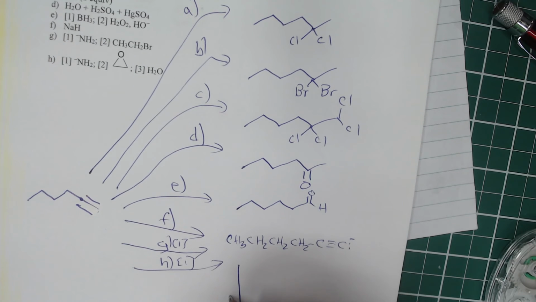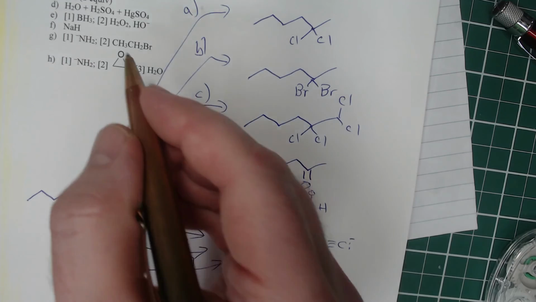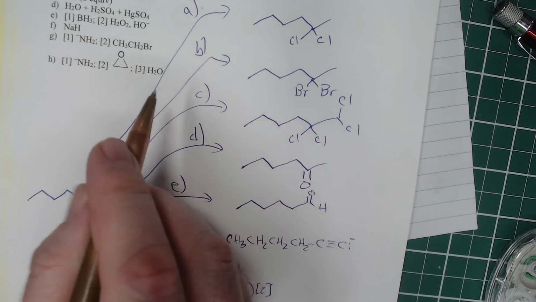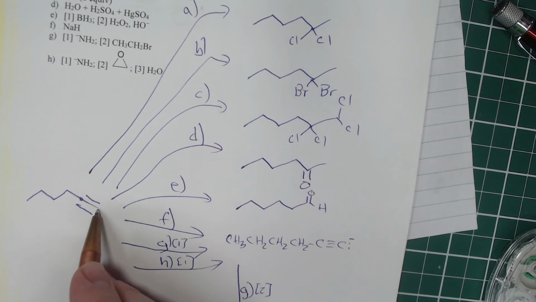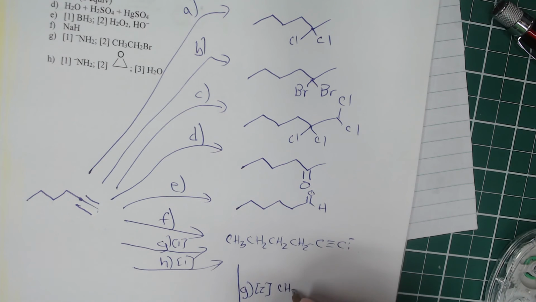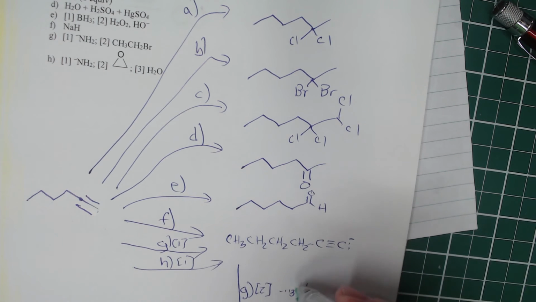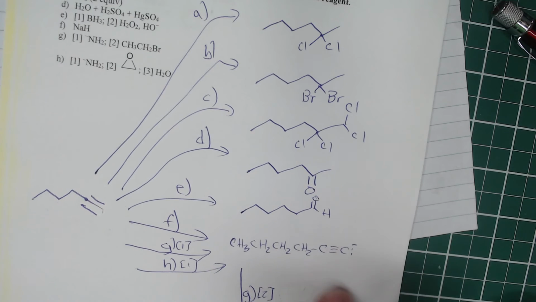So G, for step 2, when we react this, we are going to make a new carbon-carbon bond between this carbon and that carbon. So we'll have CH3, CH2, CH2, CH2, carbon triple bond carbon, CH2, CH3.